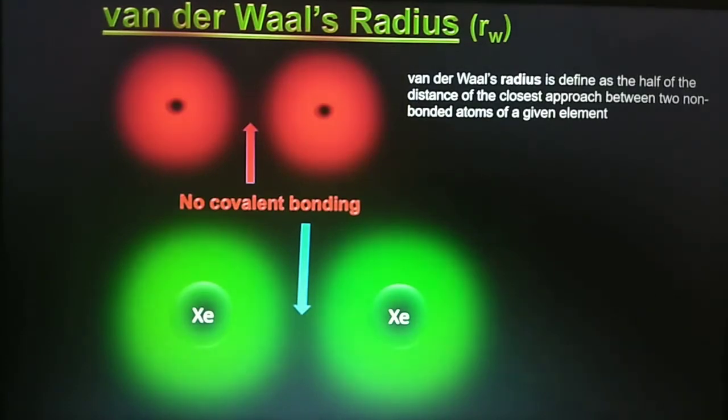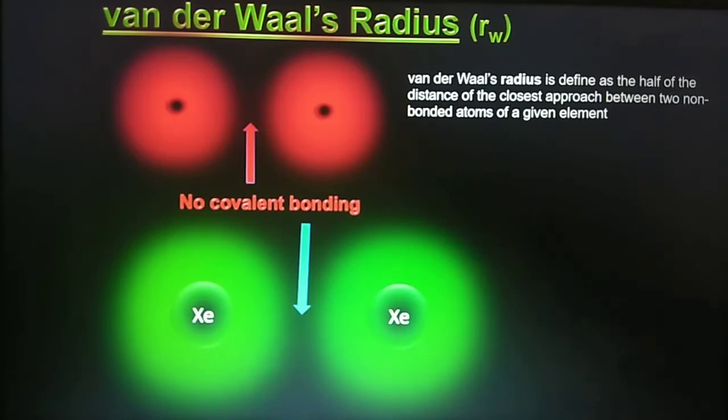So it can be defined as half of the distance of closest approach, right? It is the closest approach, never say the bonded state. It is the closest approach between two non-bonded atoms of a given element.